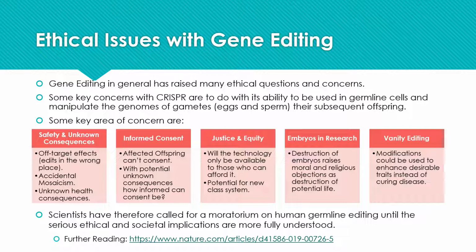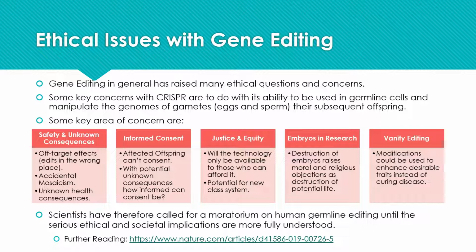And the last point here is a really interesting one. It ties back a lot into that idea of CRISPR providing the potential for a new class system. And that's the idea of vanity editing. I think a lot of people can see the benefit with CRISPR being used to help people who have genetic disorders and diseases that are really debilitating.